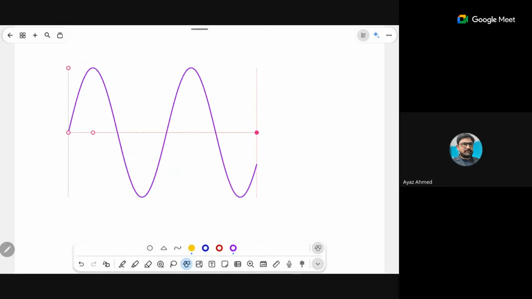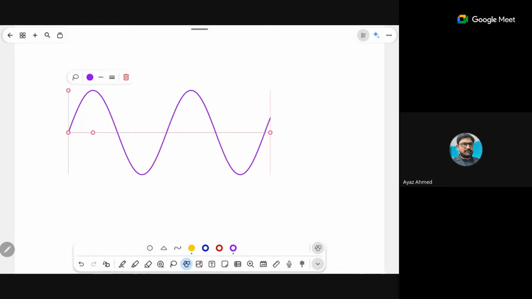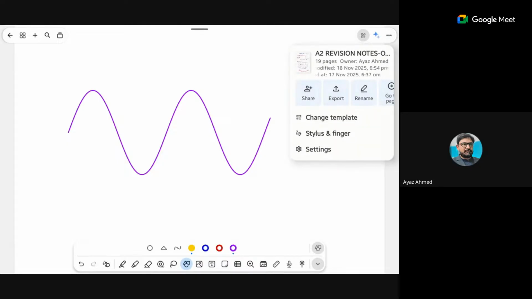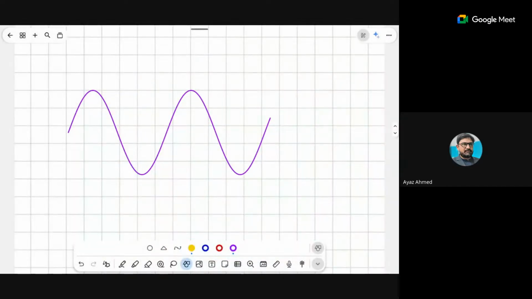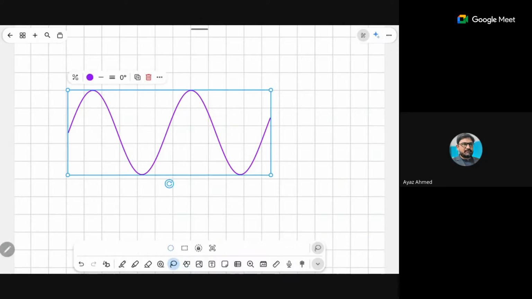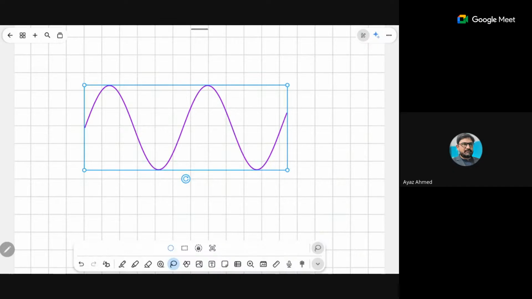Let's say this is a graph for the motion of an object. Can I calculate the velocity of this oscillator at any position?